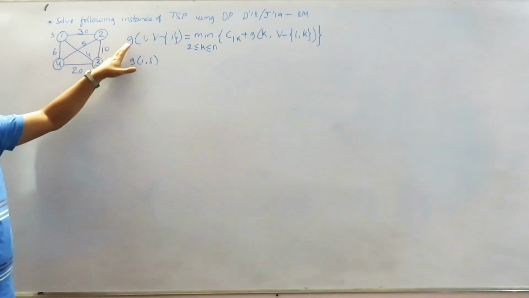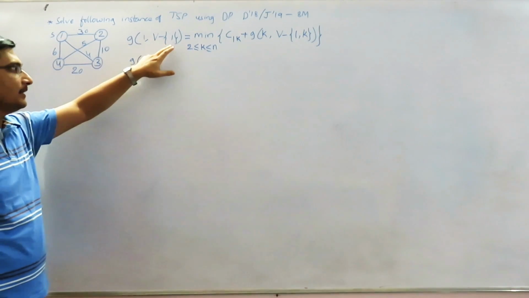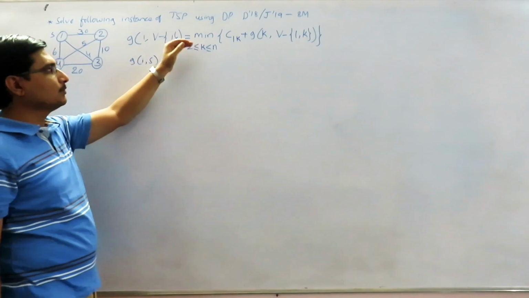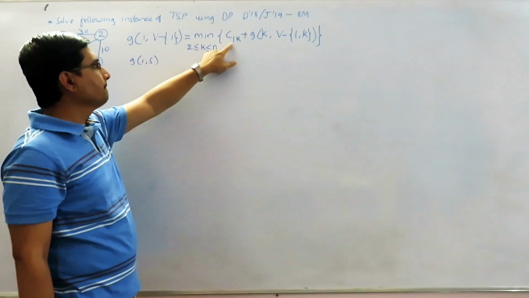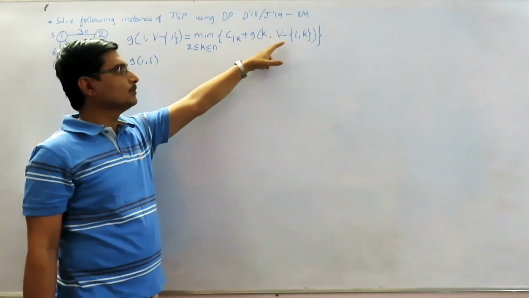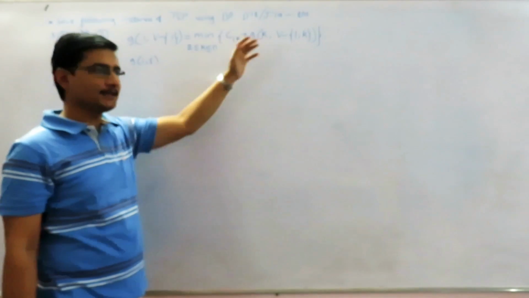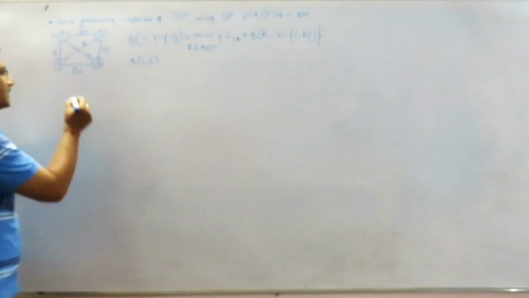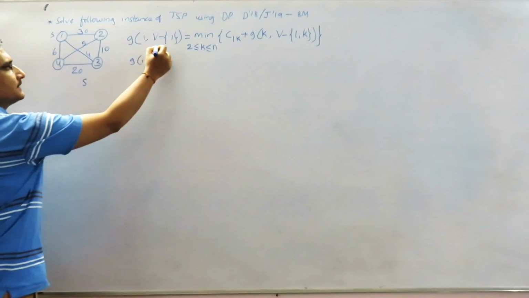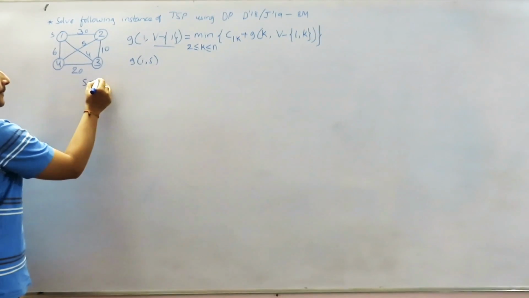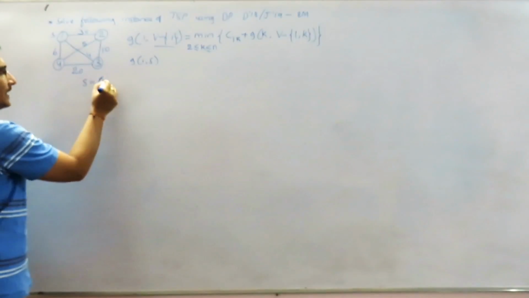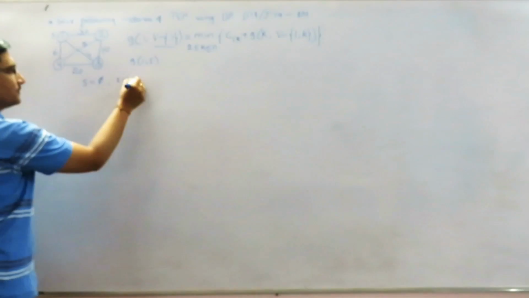We know the formula that G of 1 to the remaining vertex set is equal to minimum of 1 to k, where k is ranging from 2 to n, and then k to the other remaining vertex set, recursively applying the same formula. So let us consider when this set is equal to phi, that is the null set. There are no items in this.